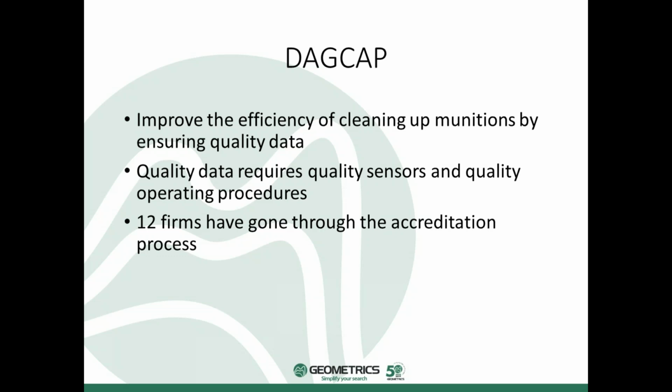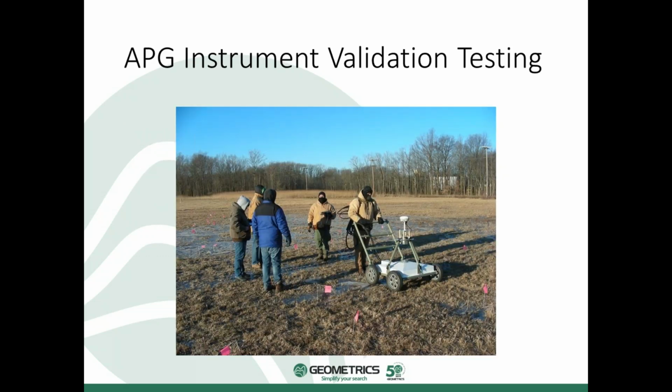The MetalMapper 2x2 has started this process and hopes to be officially listed as a validated instrument by the end of this month, by the end of May of 2019. To go through the validation process, the MetalMapper 2x2 was taken to Aberdeen Proving Grounds this past January, where it went through the testing procedures.